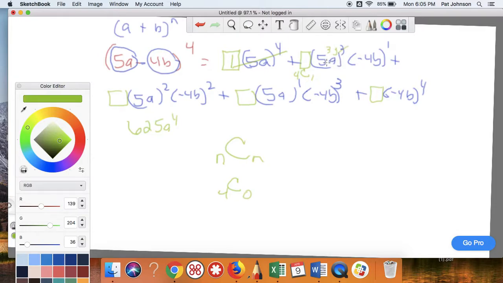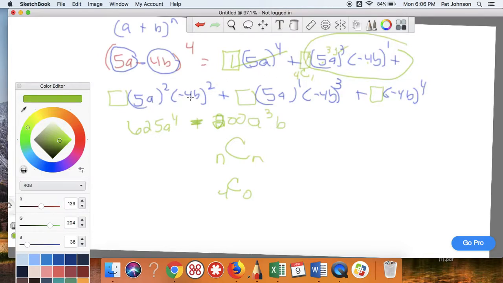So that's 125 times 4, so we get plus 500 a cubed. Oh, I forgot about times negative 4 and b, so 500 times 4 is 2,000. So this is actually negative 2,000 because you're multiplying all this together. This 5 cubed times negative 4 times, and we said this was 4. And you get the picture.